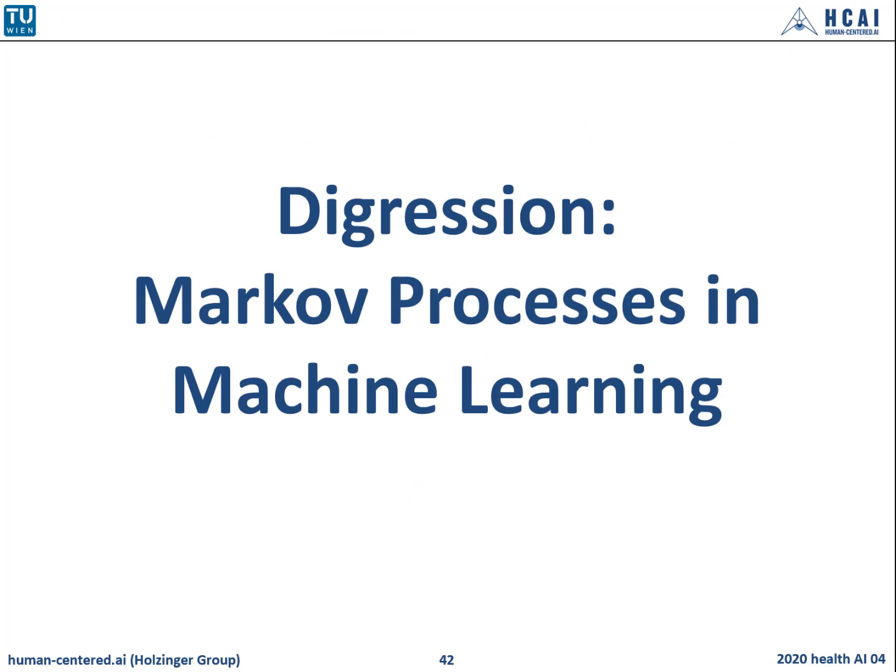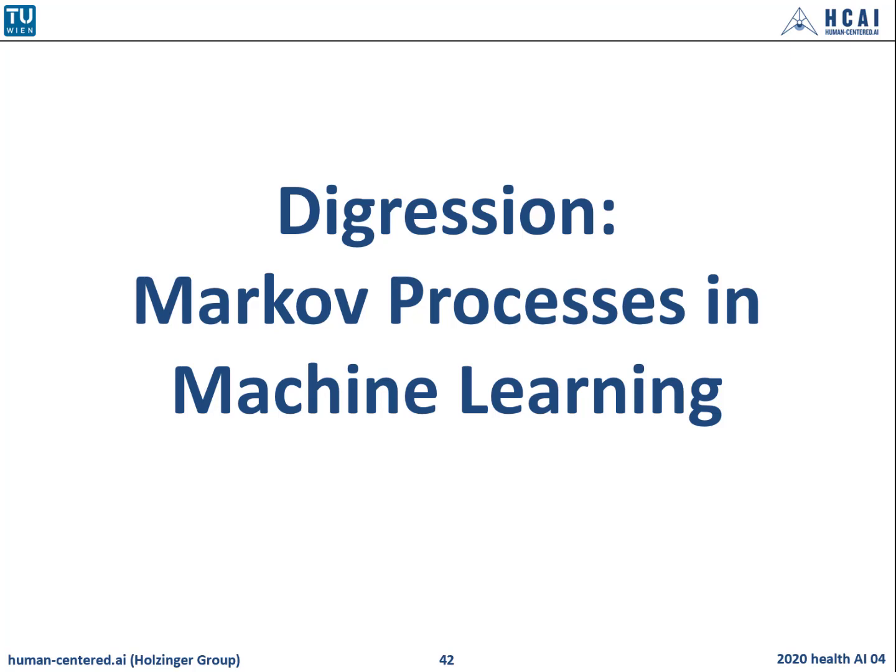Okay, before we continue, we do a digression, a crash review on Markov processes. You know it for sure from other courses that a Markov chain is a stochastic model describing a sequence of possible events in which the probability of each event depends only on the state attained in the previous event.